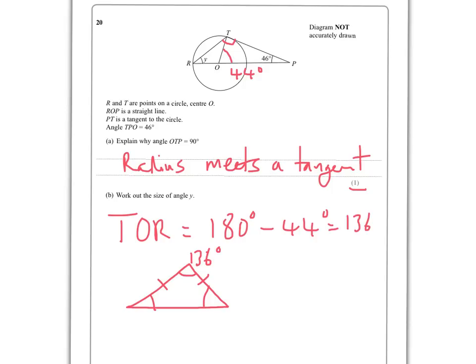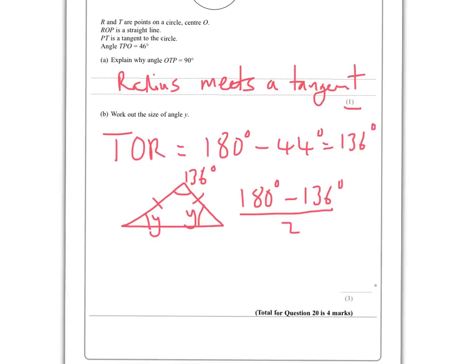And for y, because we've got an isosceles triangle, all you need to do is 180 minus 136, divided by 2, and we get our answer, which is 22. Now, 180 minus 136, those two add up to the 44 that we found in part a, actually.